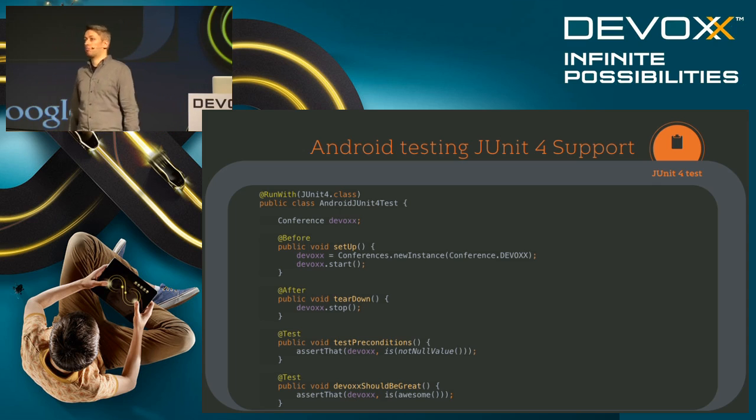This is something I would not hesitate to write a Roboelectric test for. And then in the end, I will do a little bit more scenario-based tests through the instrumentation tests. And we think that mixing and matching and using all these tools where they best apply is maybe the best strategy.